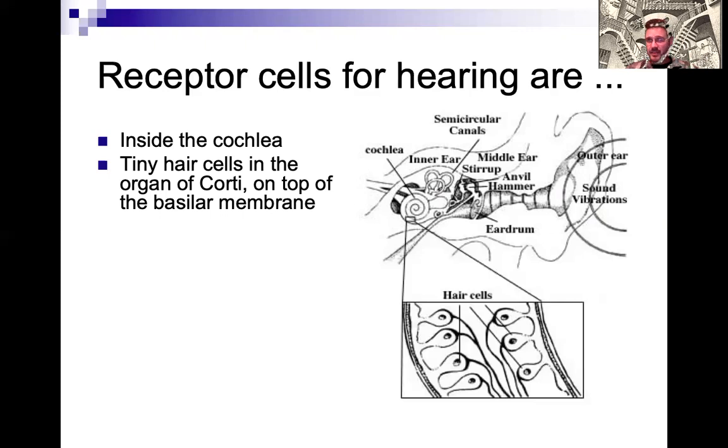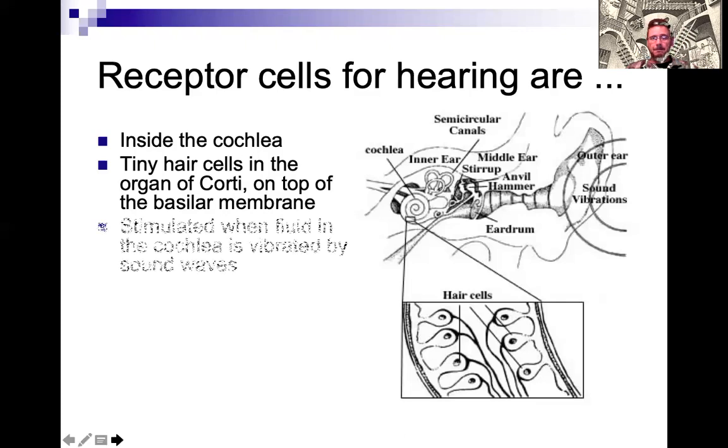All about vibrations, okay? The vibrations inside the cochlea, including on the basilar membrane, make those little hair cells bend, and that's what stimulates those cells when they bend in response to the vibration to fire their message to the temporal lobe. Okay? That's what we just said.